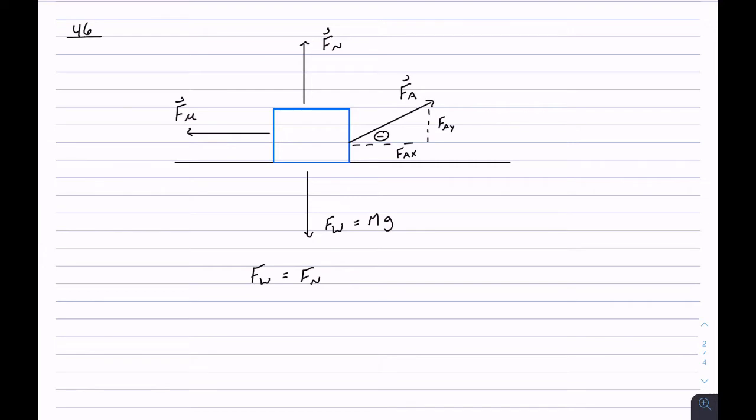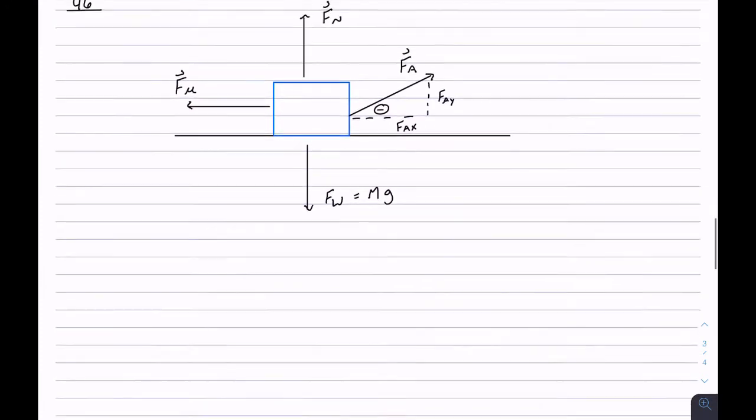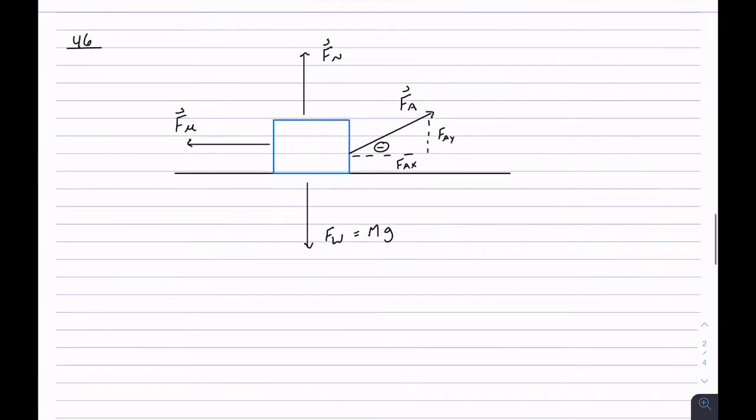Now that we know we have a frictional force, we're going to have to look at this in a little more detail. Before we jump to conclusions, let's write everything out, because we're going to need to sum the forces. If we look at everything going in the y direction, this is not moving in the y direction. It's not jumping up due to the normal force, it's not breaking through the ground due to the weight force, and it's not jumping off of the ground due to the applied force.